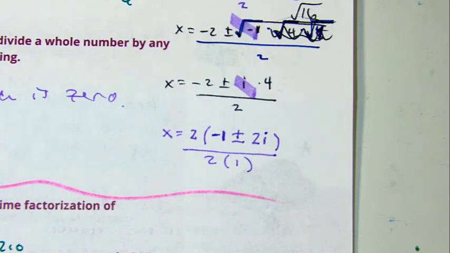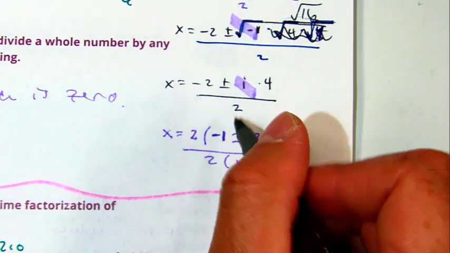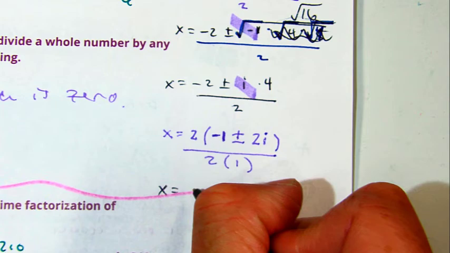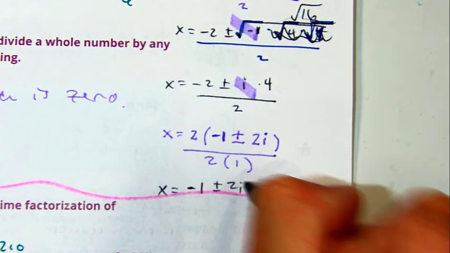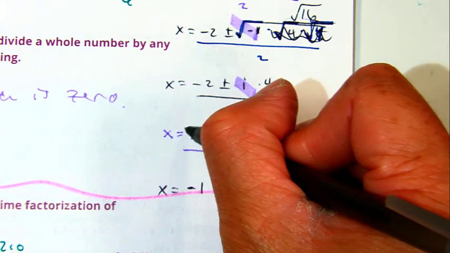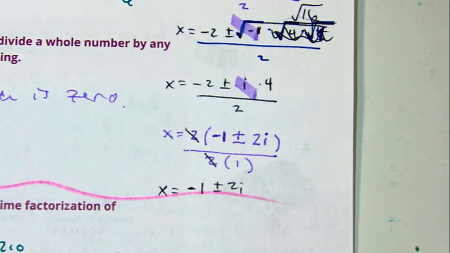So now I have x equals negative 1 plus or minus 2i. What's happening here is that these 2's are canceling, and you're left with this answer in red.